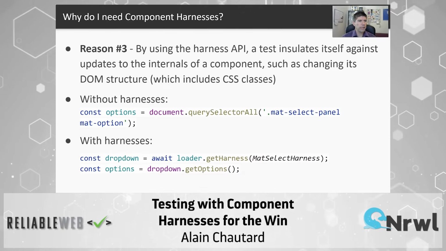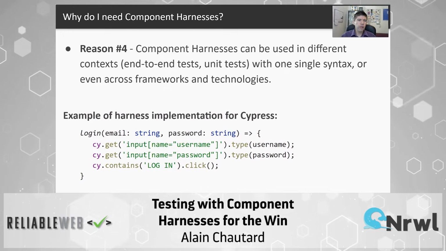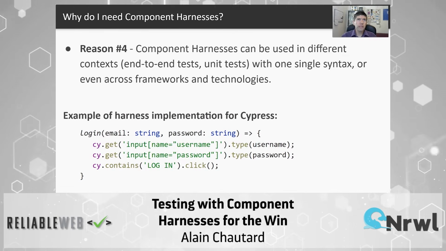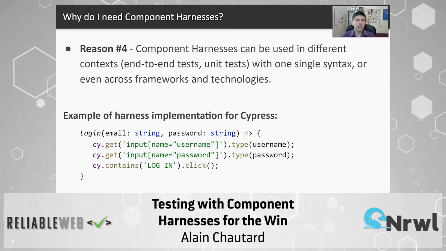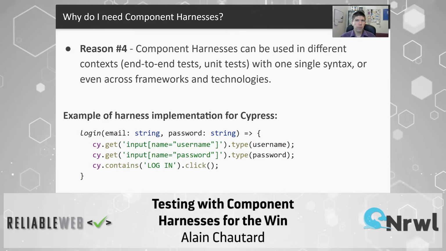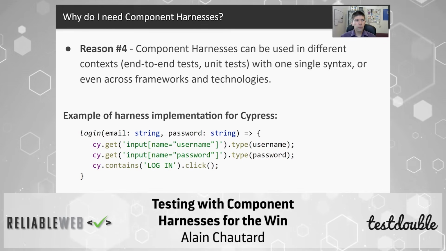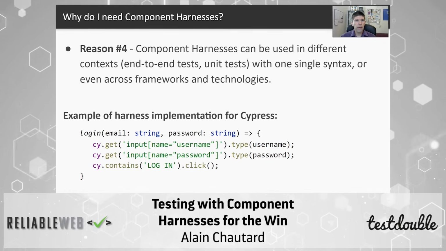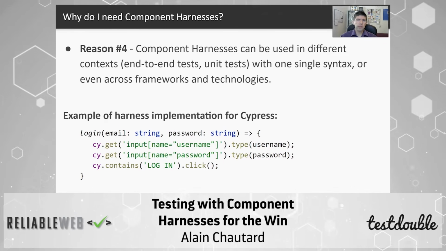And reason number 4, which is really one of the most interesting ones when you think about it, because we talked about all of these different types of tests that we have available, from end-to-end to unit tests. The nice thing with a component harness is that it could be used in all of these different contexts, right?